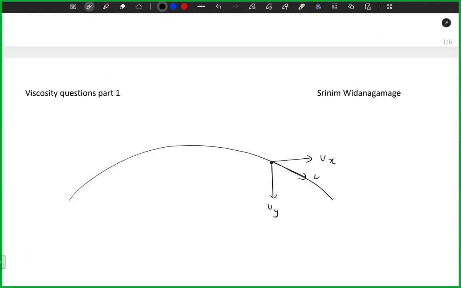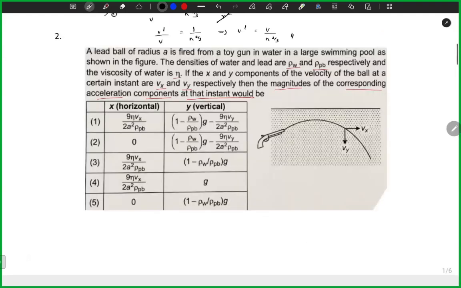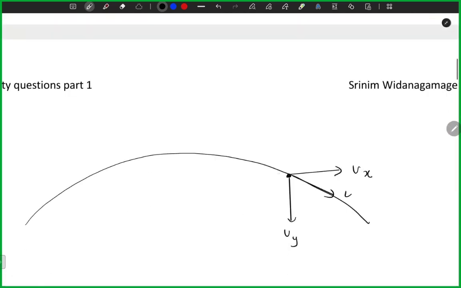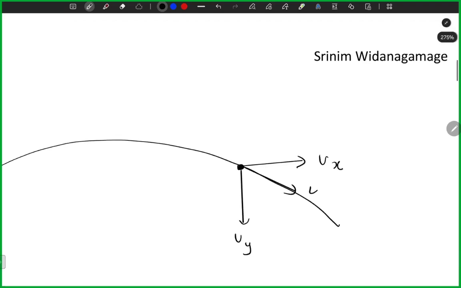movement within the fluid. If this is a bullet, actually. So if a lead ball is fired like so, it is going to go towards the right, because the horizontal velocity component drives it to the right. Which means there is a resistive force, a viscous force, occurring backwards against the motion of the sphere.